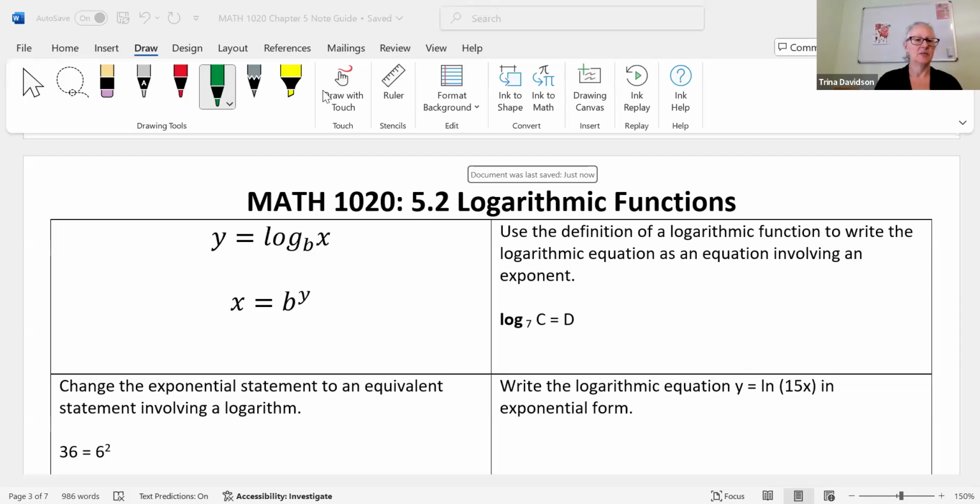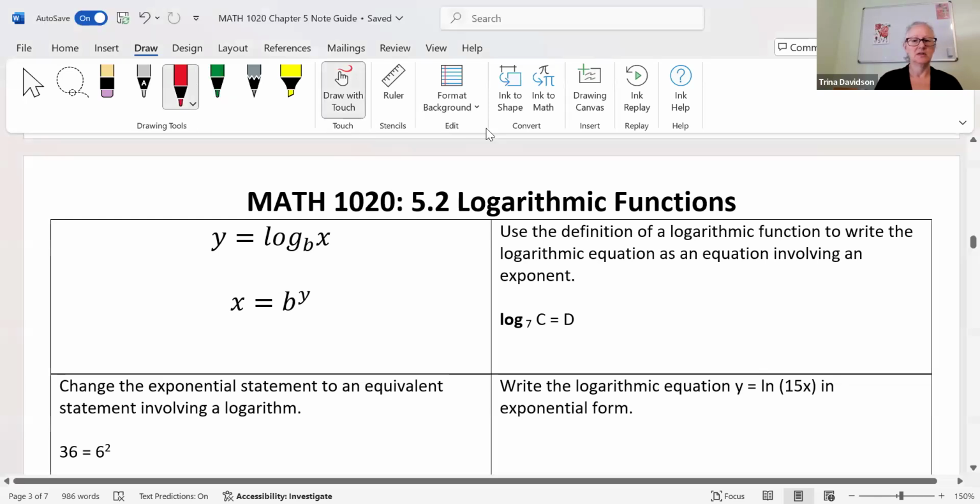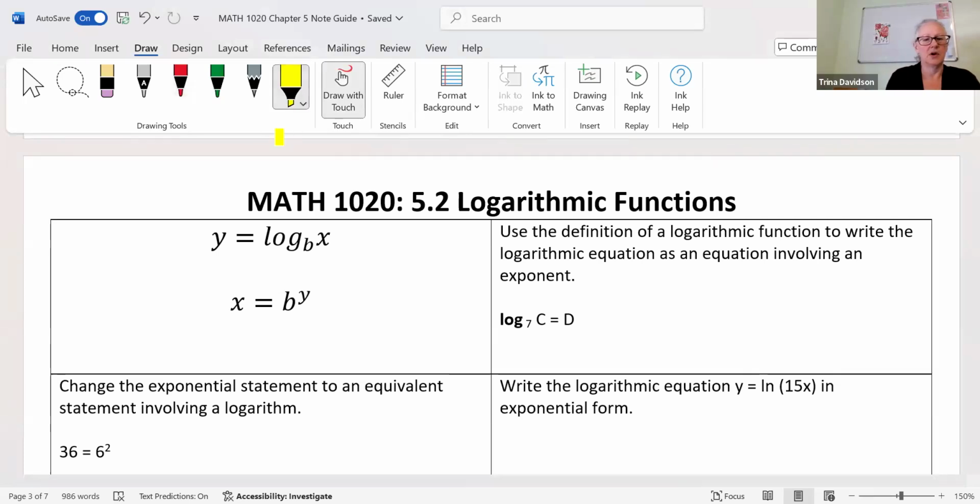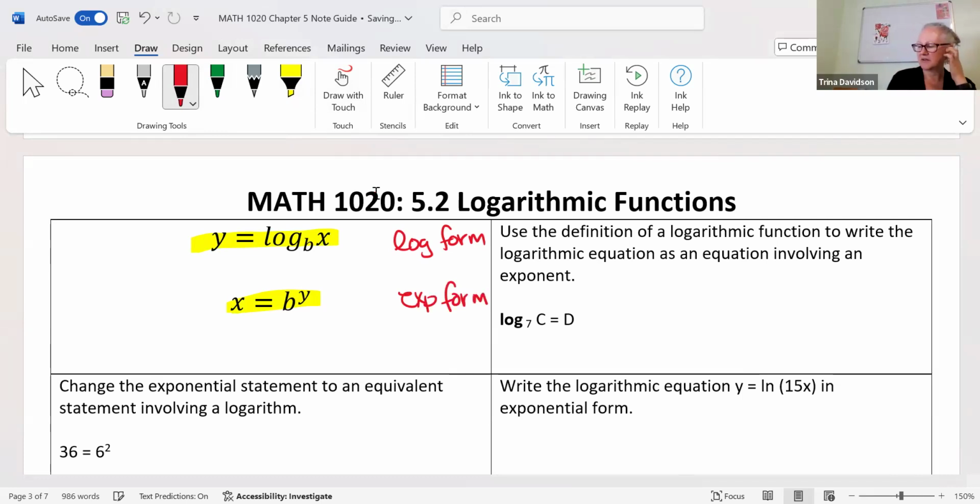This is section 5.2, logarithmic functions. Here, these two are ways we convert between log form and exponential form. There's also one for if your base is e.